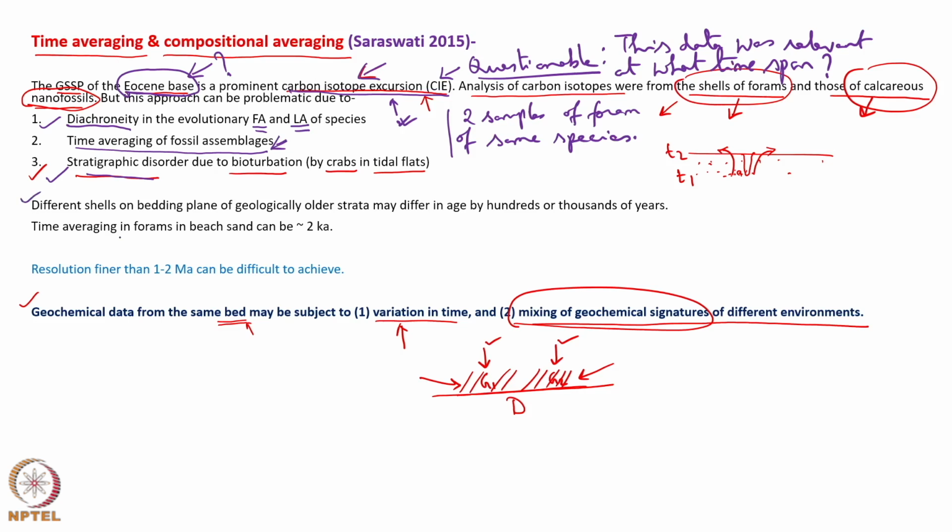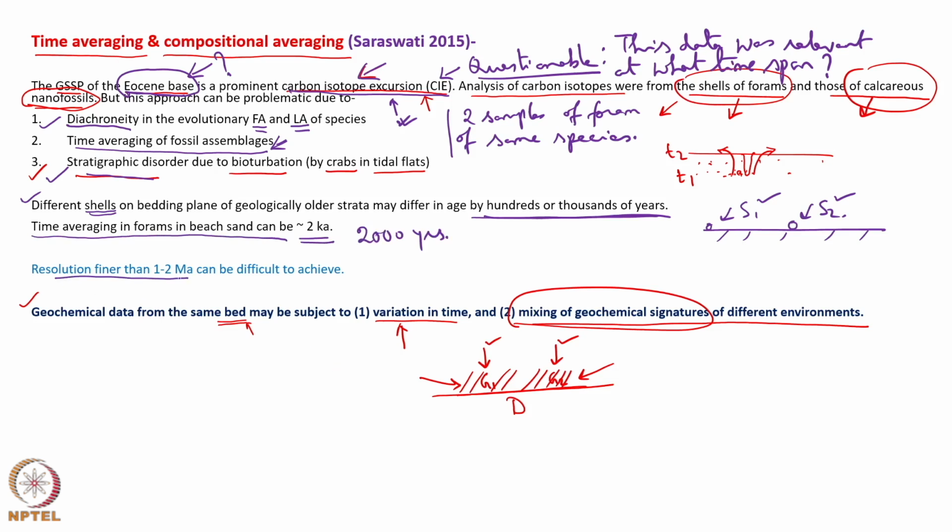Note that different shells on bedding planes, shells of microorganisms of geologically older strata may differ in age by hundreds or thousands of years. So, consider this is the base on which we are getting two samples S1 and S2. Then the age difference between S1 and S2 can be hundreds or thousands of years. Somewhere in the world, time averaging in forams in beach sand can be as high as 2000 years, and a resolution finer than 1 to 2 million years can be difficult to achieve when chemostratigraphic data are interpreted.